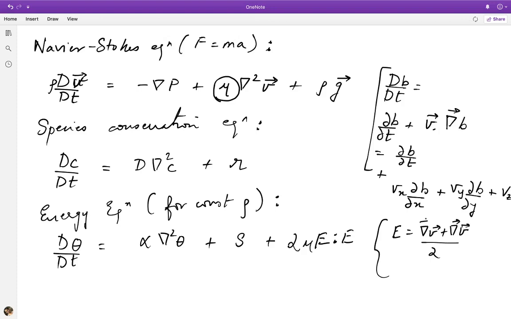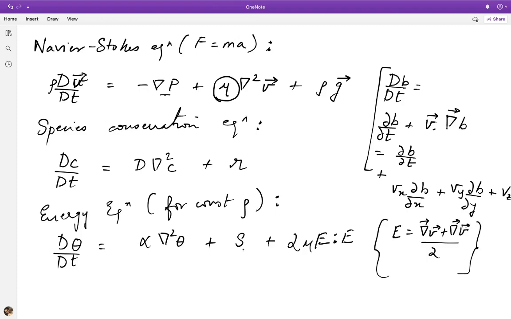So remember that the gradient of a scalar is a vector, as we have in the case of the gradient of pressure here. But when we take the gradient of a vector, we in fact get a tensor. And we will understand this term in more detail shortly.